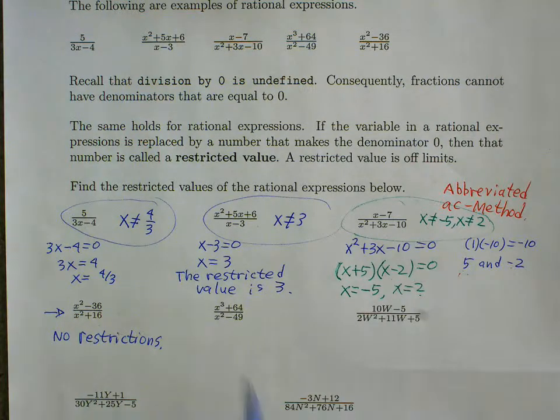Okay, the next example, x to the third plus 64 divided by x squared minus 49. So find the restrictions of that.